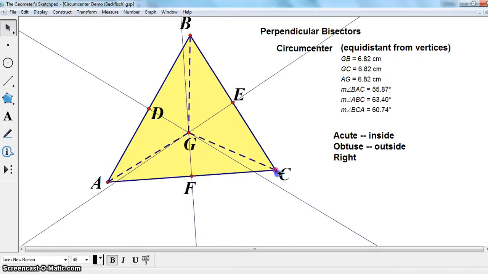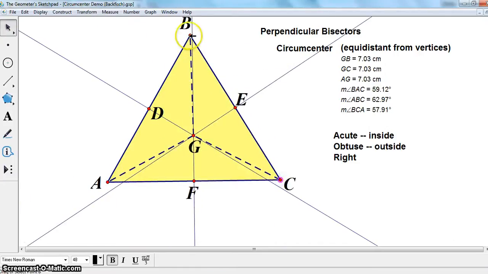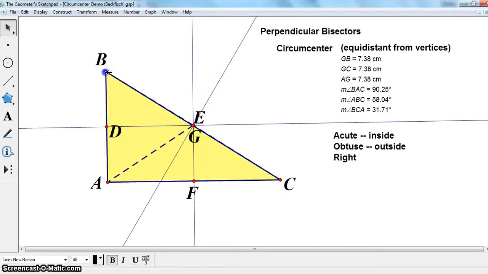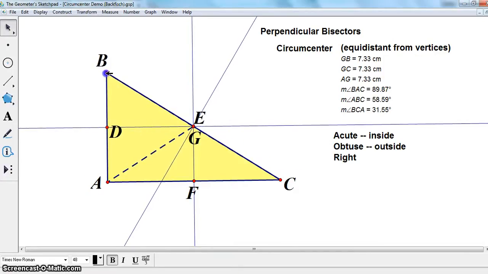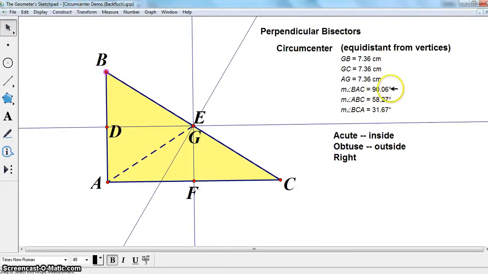Now let me try and change it so that it's a right triangle. How about if I do this? It's really close to a right triangle. It's very hard to get it exactly. But I'm going to say that's exactly. It's not exactly, but see how close that is to 90?